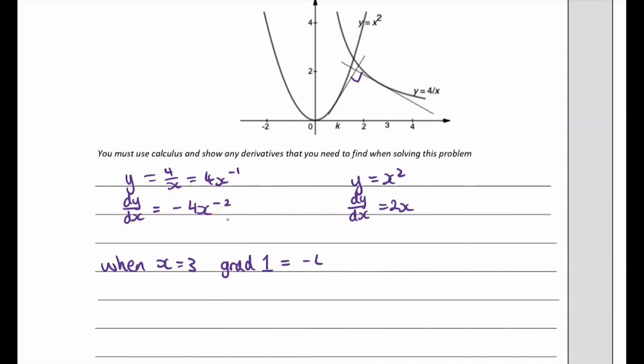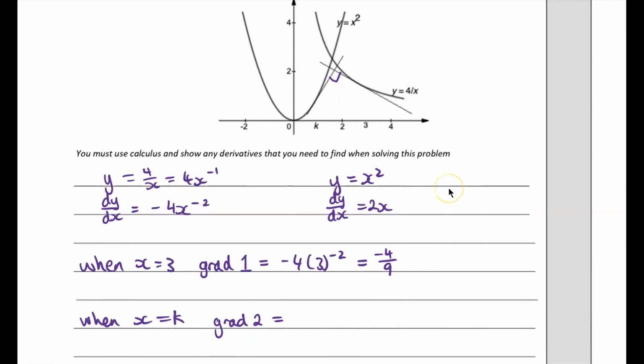So -4, 3 to the -2. Well, that equals -4 over 9. Okay. When x is k, the gradient that we're looking for, gradient 2, so this one here is this equation here, that will be equal to 2k.